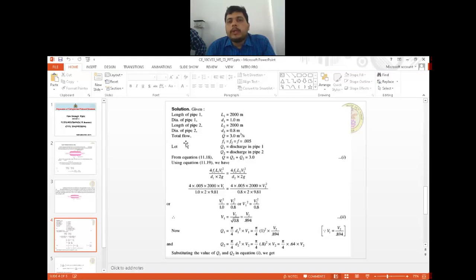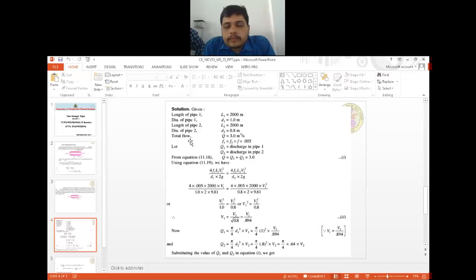Total flow Q is given, that is Q is equal to 3 meter cube per second, and the condition is F1 is equal to F2, the coefficient of friction is equal for both the pipes. It is equal to 0.005. Let Q1 be the discharge in pipe 1, Q2 the discharge in pipe 2. Now, from the equation, Q is equal to Q1 plus Q2, that is 3.